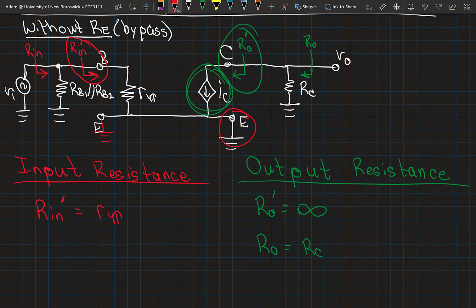If I take a step back and look at the input resistance from the perspective of the input source, now we can see that I have R pi in parallel with RB1, RB2.